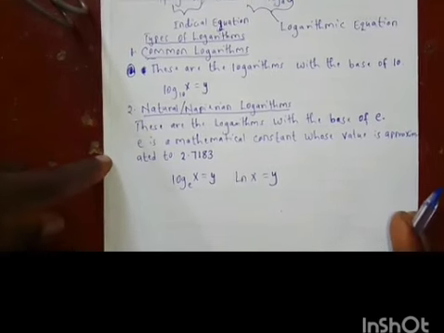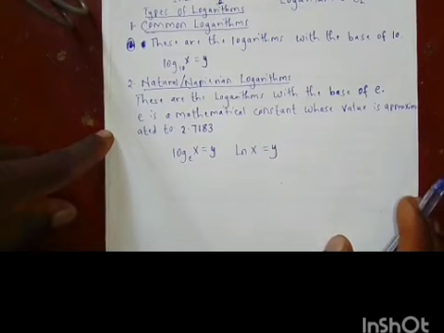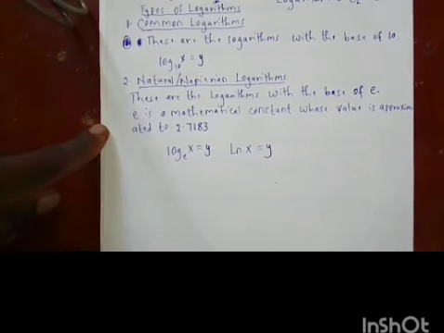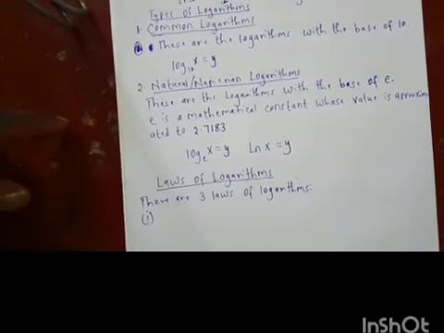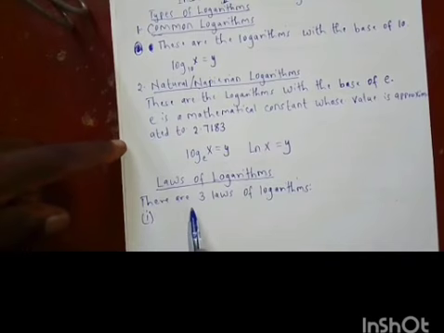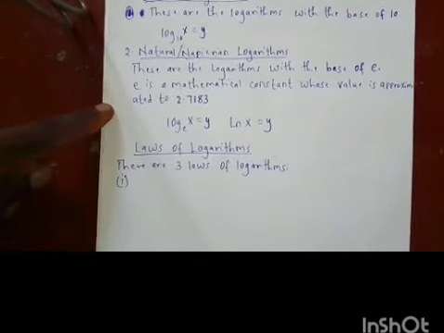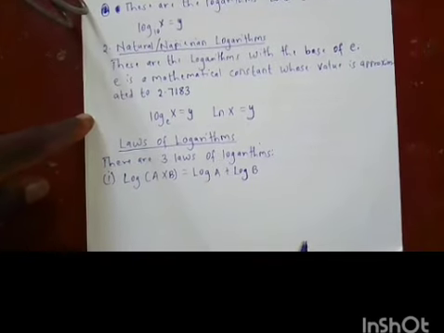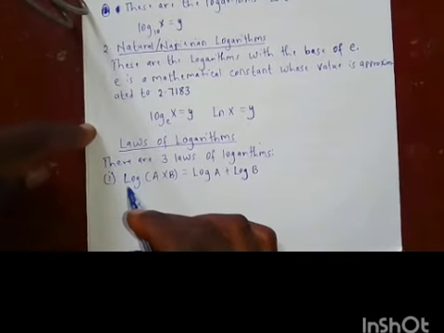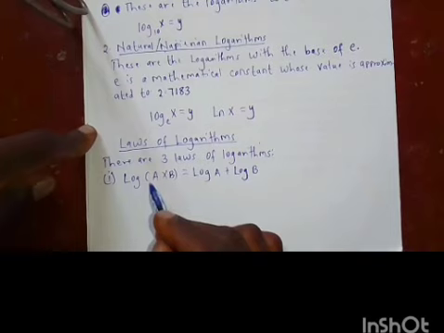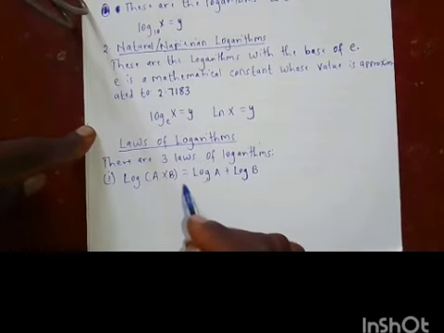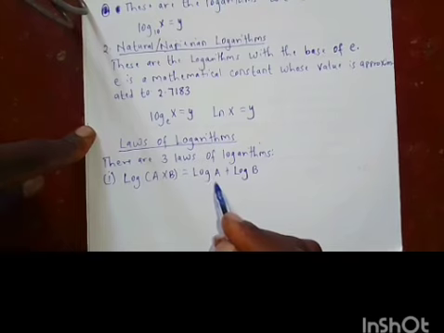So next, let us move to the laws of logarithms. There are three laws of logarithms. Law number one: the logarithm of a product of two numbers equals the sum of the individual logarithms of the numbers.